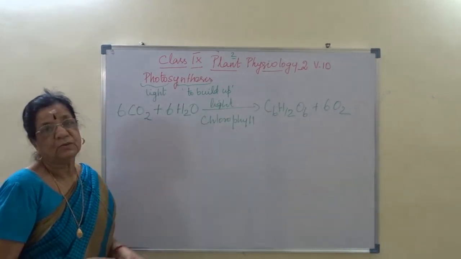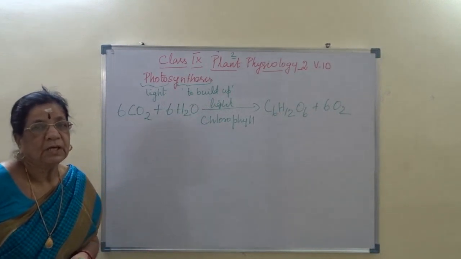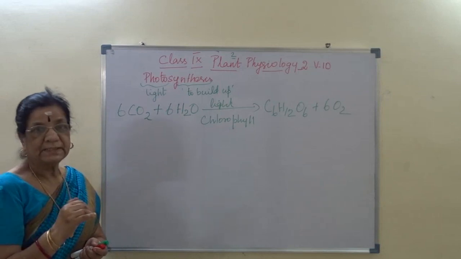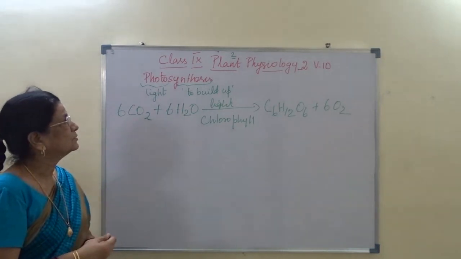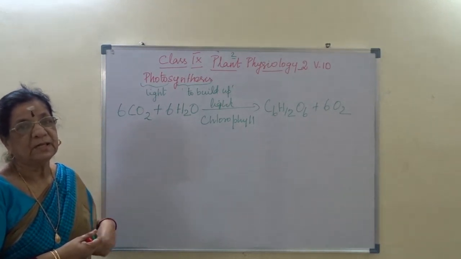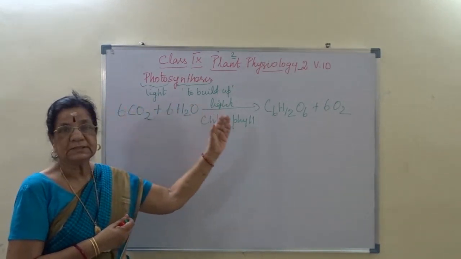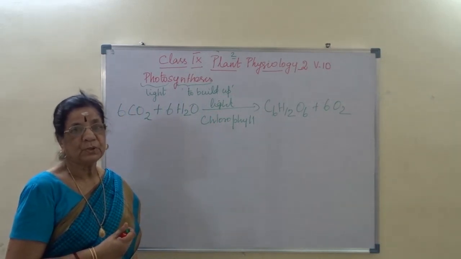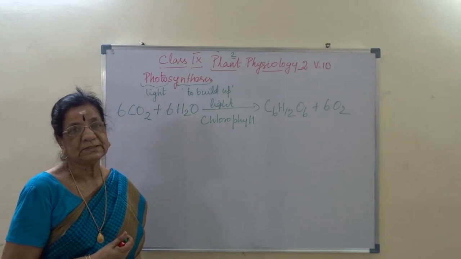We will study this equation one by one. Photosynthesis: photo means light, synthesis means built up. The light energy is converted into chemical energy by the process of photosynthesis.